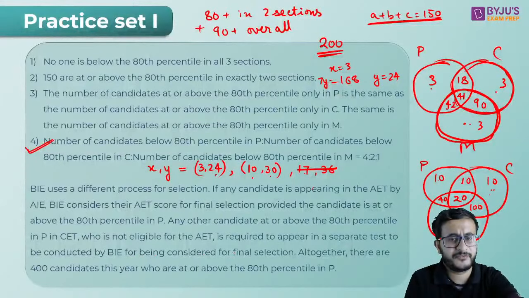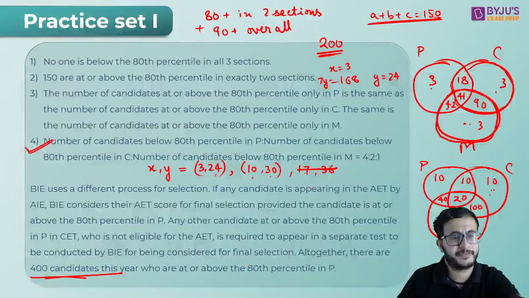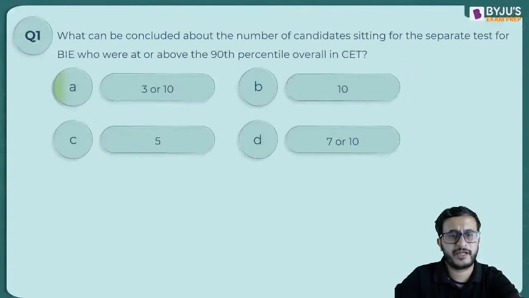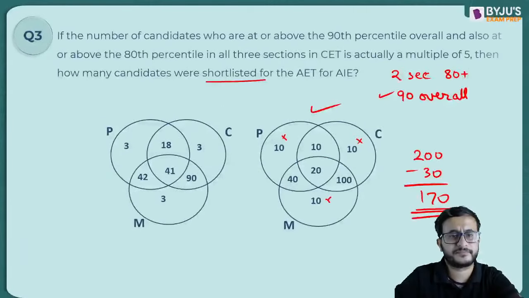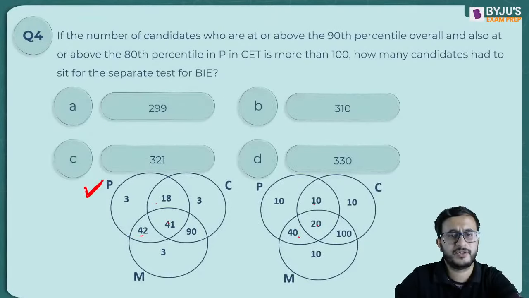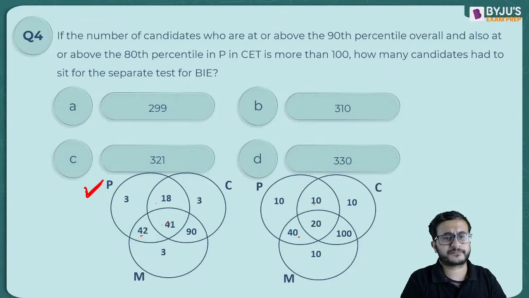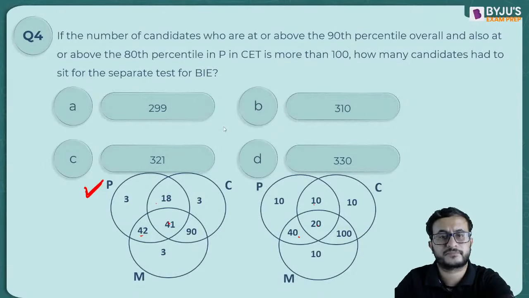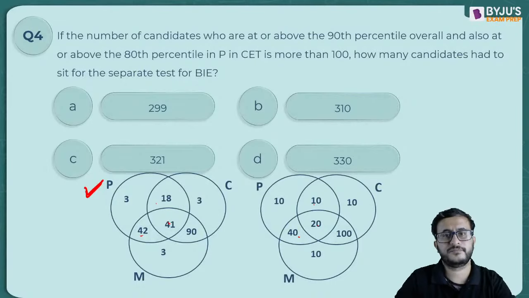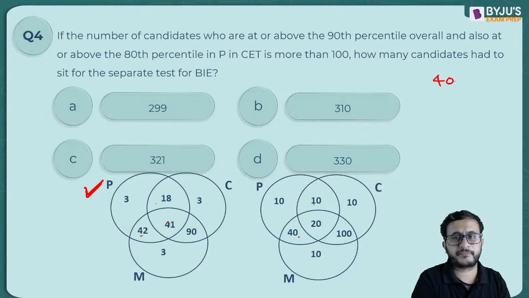Okay, for being considered for final selection, there are 400 candidates who are above 80th percentile in P, right? So there are total 400 candidates, and we know that these are 200. So these are the 200 candidates, and so 400 candidates are there.